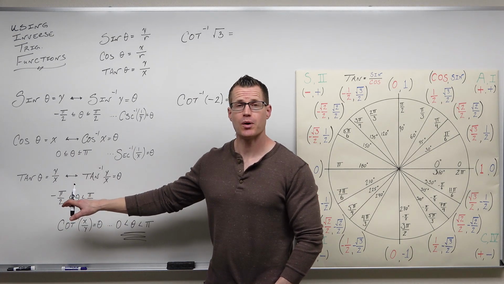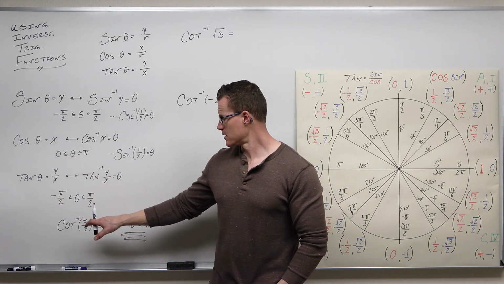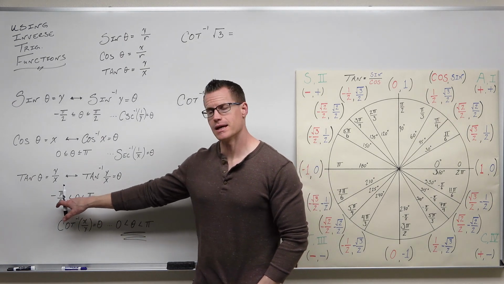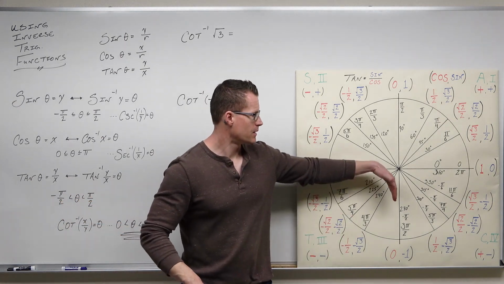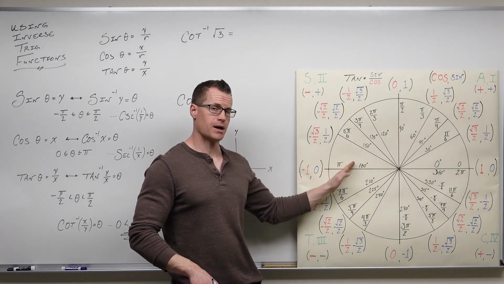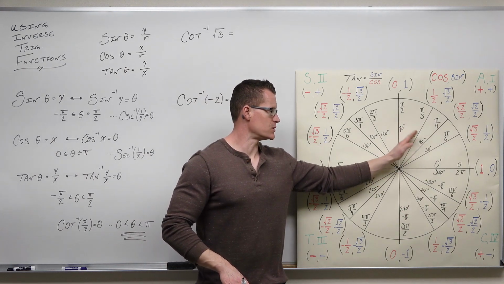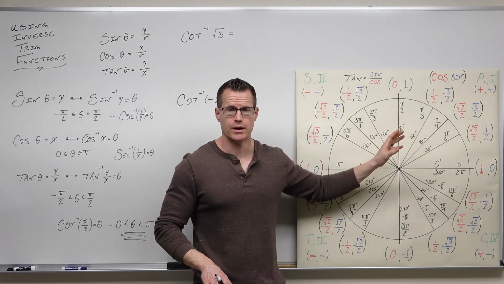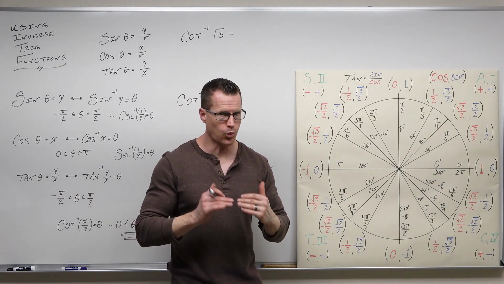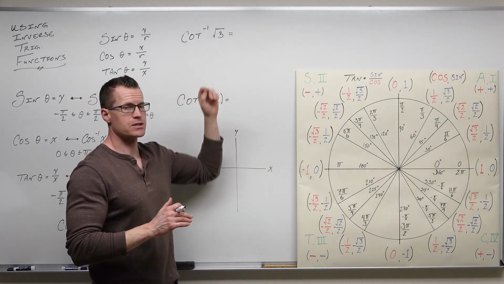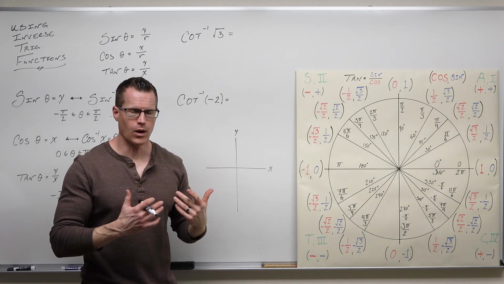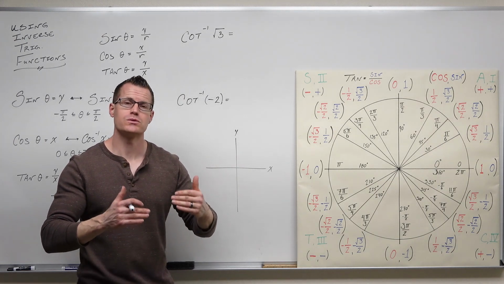Now, is there part of this that matches? 0 to pi and negative pi over 2 to pi over 2. Yes, in quadrant 1. If this is going to give you some sort of an angle in quadrant 1, then you're fine, and you can use tangent for this.